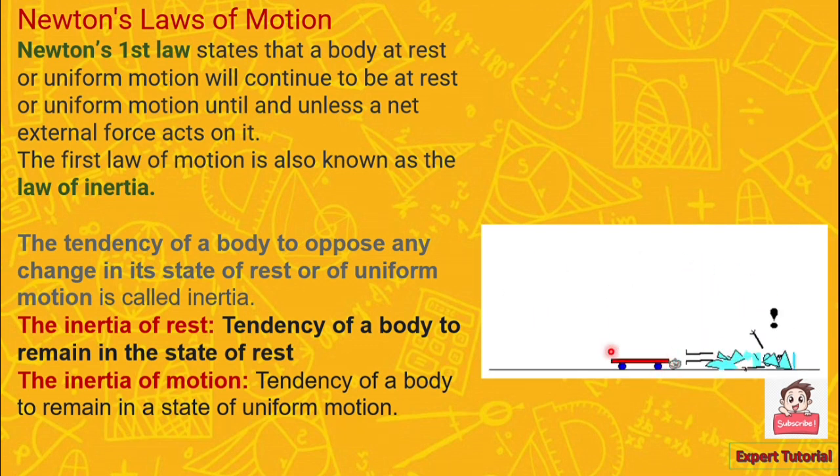They were in motion with the vehicle, but when it suddenly applies brakes, their lower limbs, being in contact with the vehicle, slow down, but the upper parts of their bodies continue to move in the forward direction, and that's why they lean forward or fall. This is also an example of the inertia of motion.